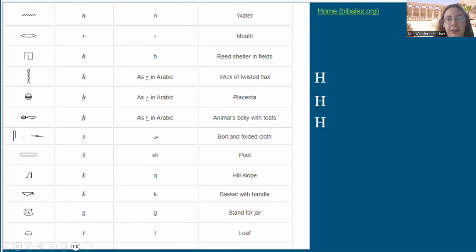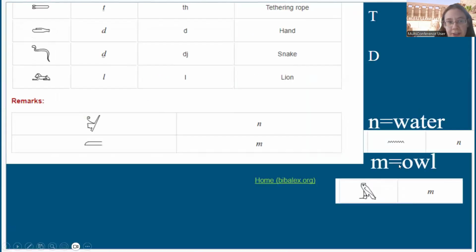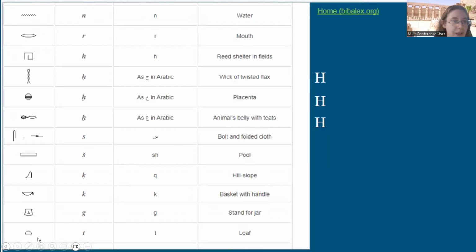So that is why I've put the side note here. And then M, same thing again, depending on context. The image for M can either be an owl, or it can be this, which I think Egyptologists think is like a hobbling thing.